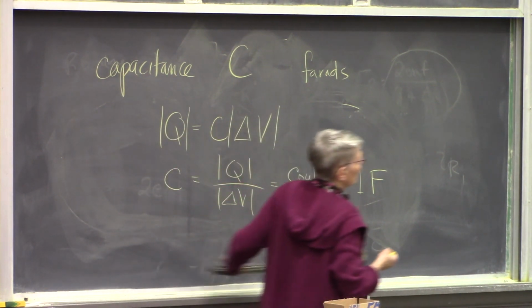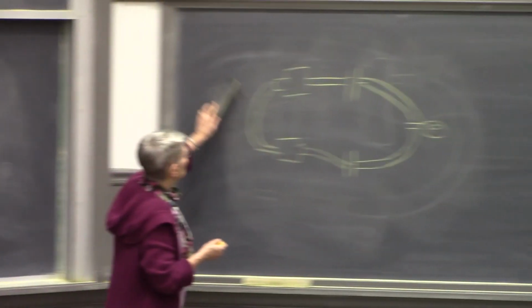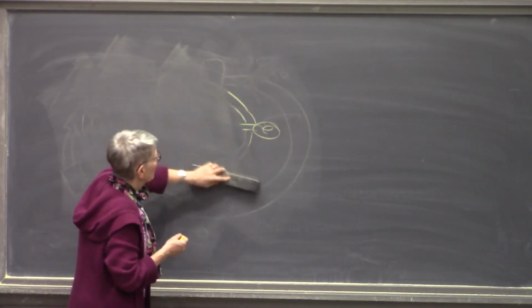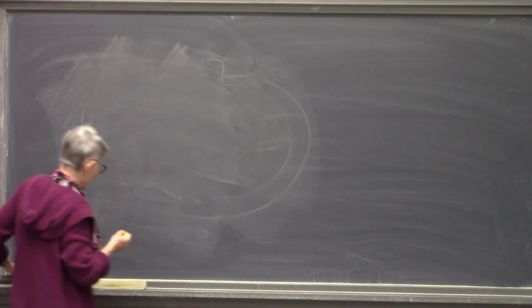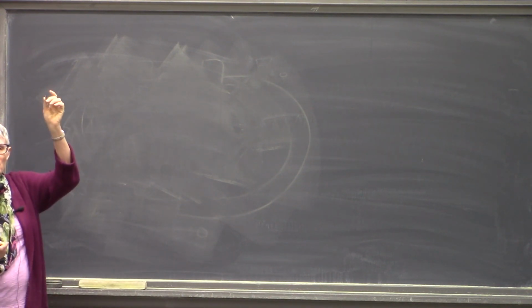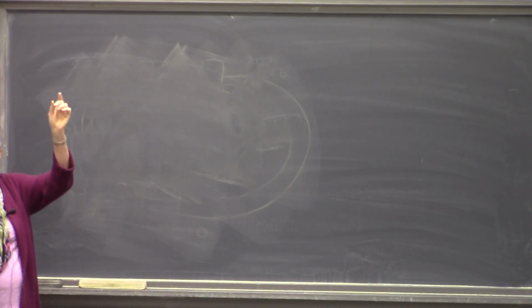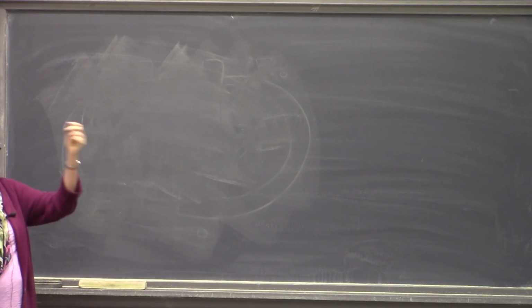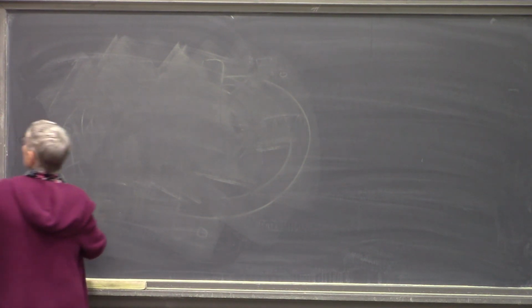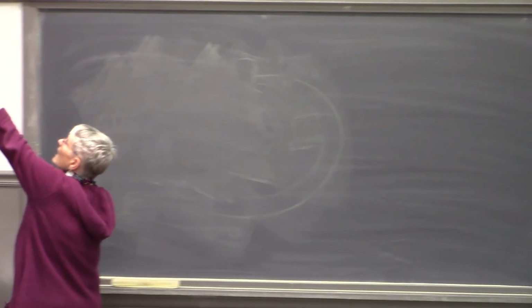So let's figure out how much charge there was on this capacitor when I hooked it up to 2 batteries, with the light bulb. So we have that circuit there.